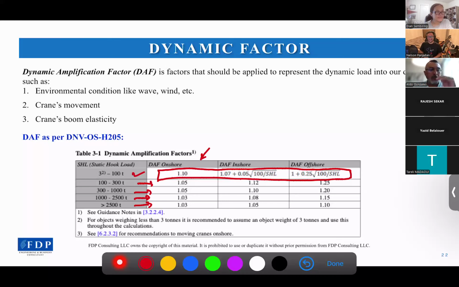But the problem is the crane, when working from the jetty to the barge for offloading any equipment, they don't attach the offshore dynamic factor. The problem is not the load. The problem is the crane doesn't have enough capacity.